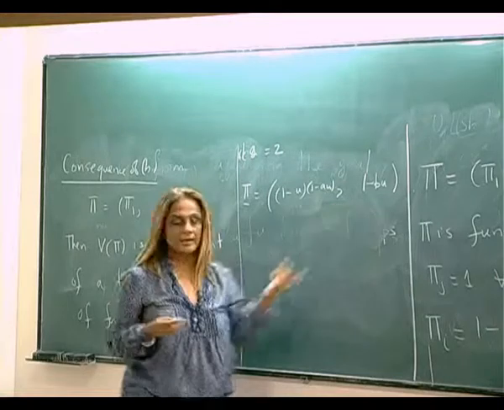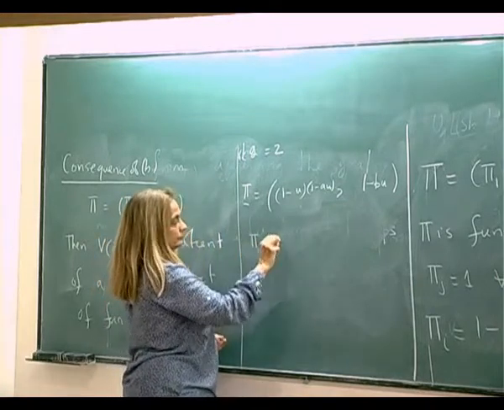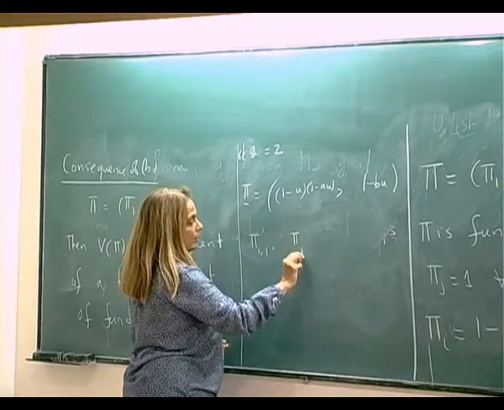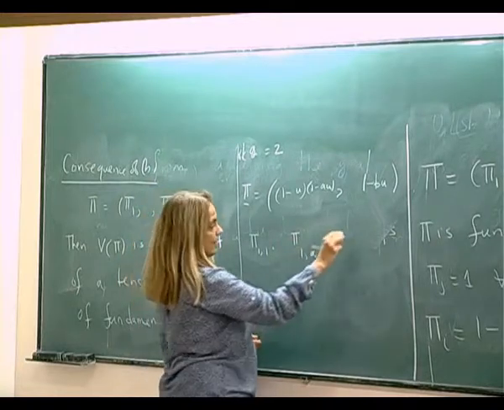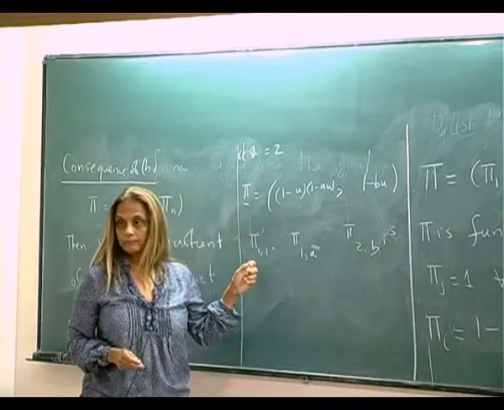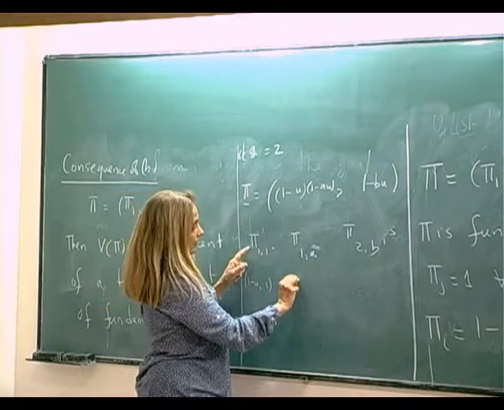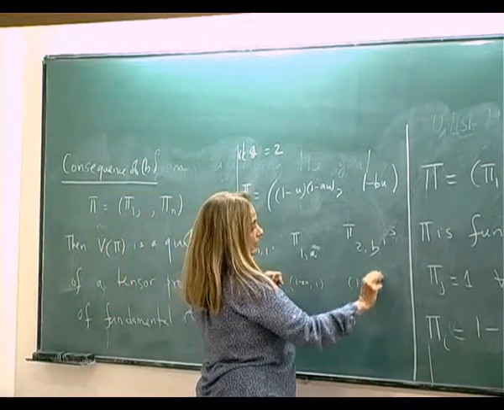I could write this as pi_{1,1}, and then pi_{1,a}, and pi_{2,b}. Do you agree with that? This will look like 1 minus u, this will look like 1 minus au, and this will look like 1 minus bu.